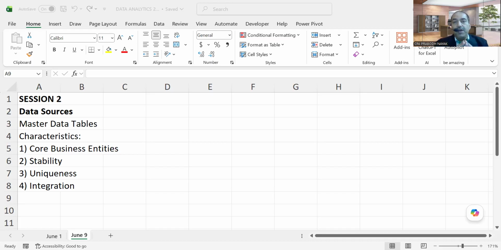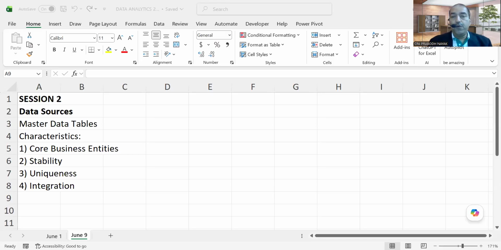Everything pertaining to the entity, who are the customers, who are the suppliers, who are the employees, right? So all the data, what are the different types of products manufactured, where are the different branches of the company, where are the different warehouses of the company, all this data is collected and stored at one single place, in one single master data table.